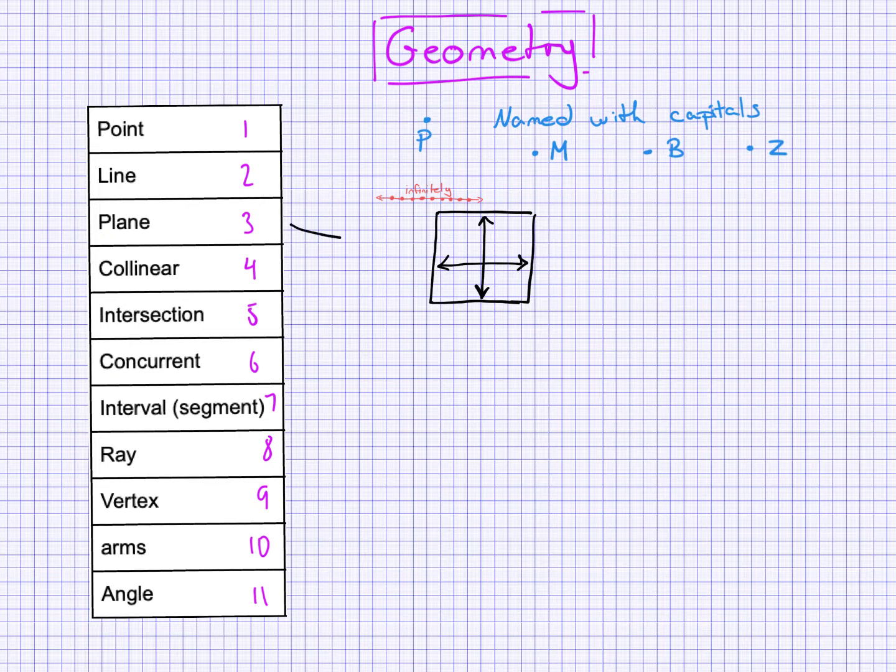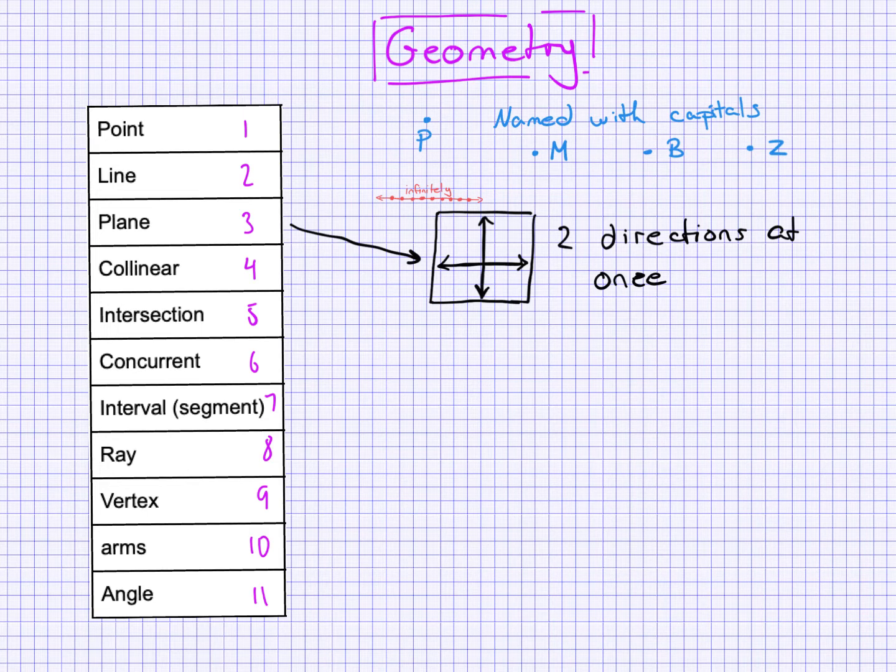So this is a plane, two directions at once. It's most often named for the directions it goes, so this would be left, right, up, down. We have other special names we give left, right, and up, down, but we'll just stick with those.